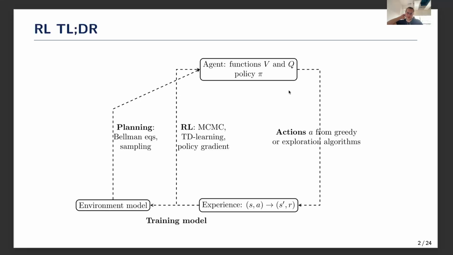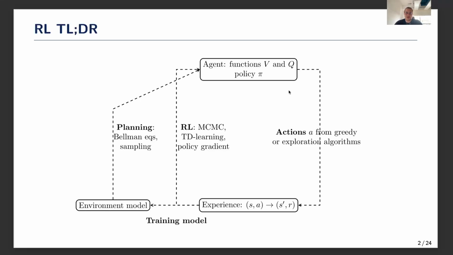So we can write our decision process as some sequence of estimations, some actions which we take in some states. So we just want to maximize this estimation.